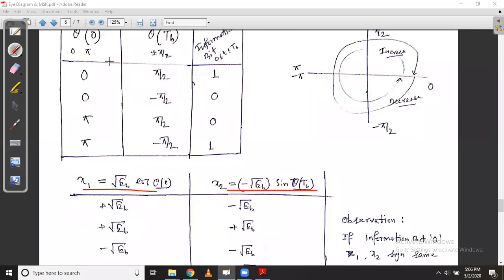Now what I am doing, I am putting the value theta 0 as 0 and pi. So first we put here 0, again 0, then pi, again pi. What value are you getting for 0?